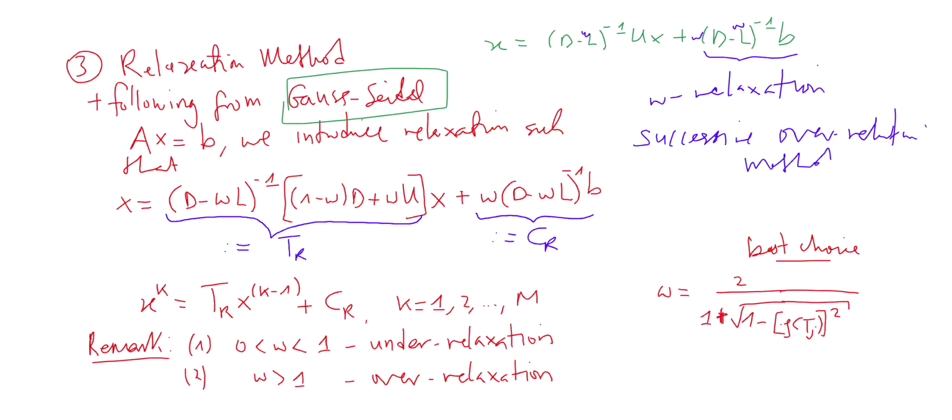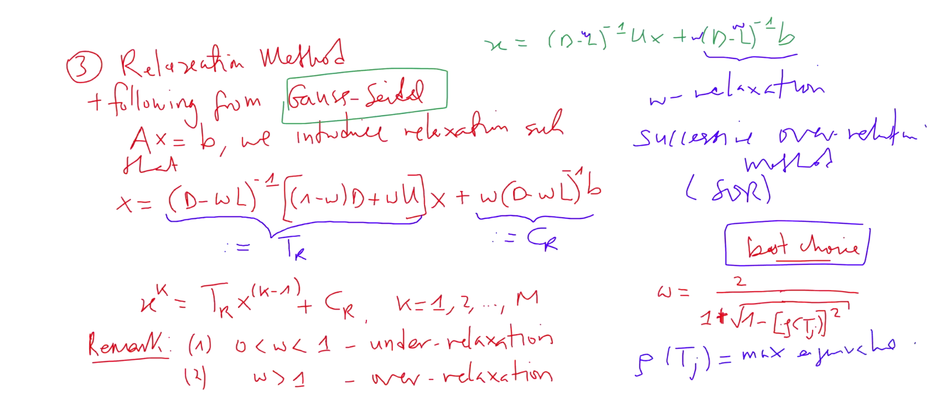But the main question we want to ask is, how do you choose this omega? Is it random? There's a technical way of choosing this omega, given by this formula here, where you need an idea of the eigenvalue, the maximum eigenvalue, of the matrix from Jacobi.